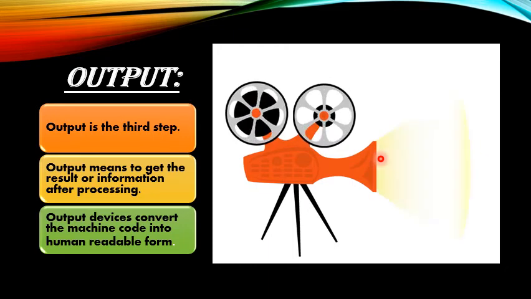An example of output is the electricity produced by power plants. If we take an example of this word other than the computer, electricity is generated by power plants, so electricity is the output, because this is the result. An output is something that shows the result after processing.